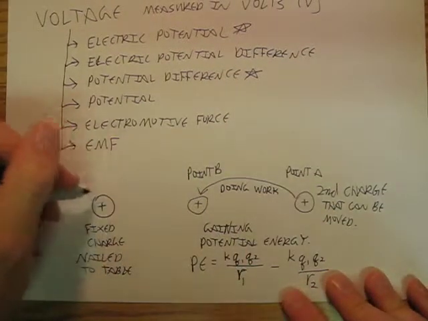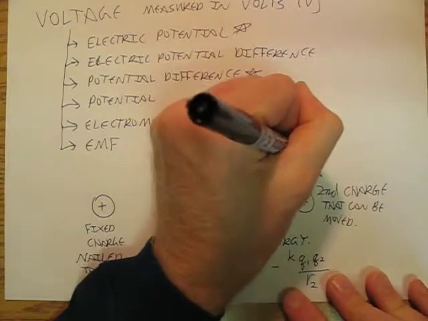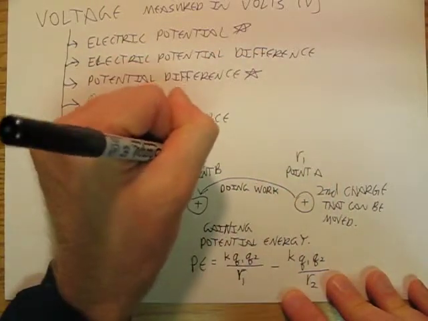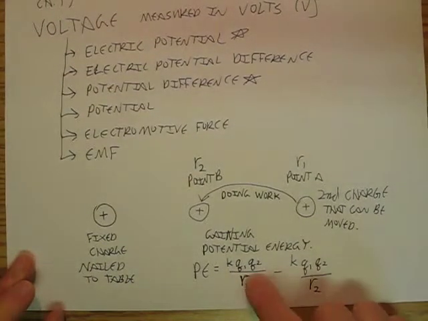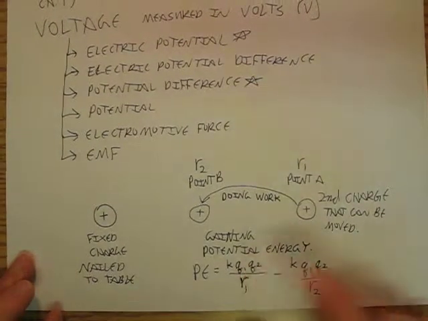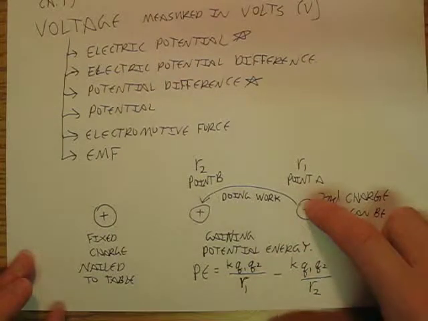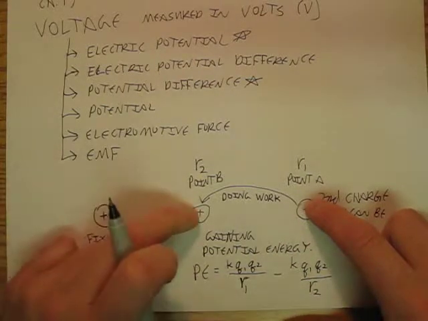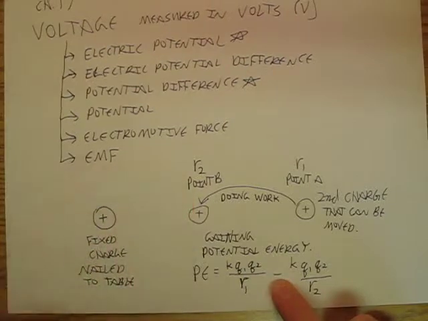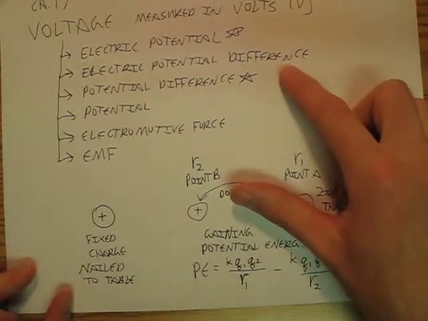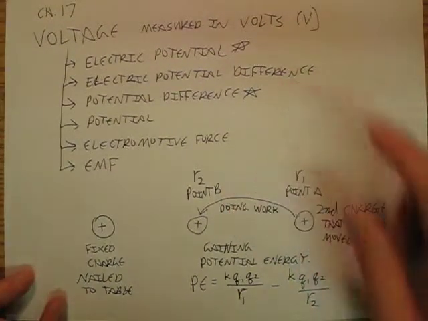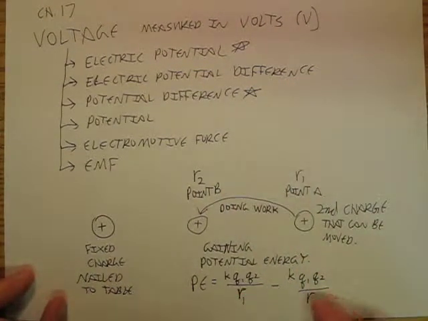So this is at R1 and this is at R2. I have to figure out some quantity here and some quantity here, and I have to subtract them. And that's why we get this word difference showing up here. So I have to calculate it twice and then take the difference.